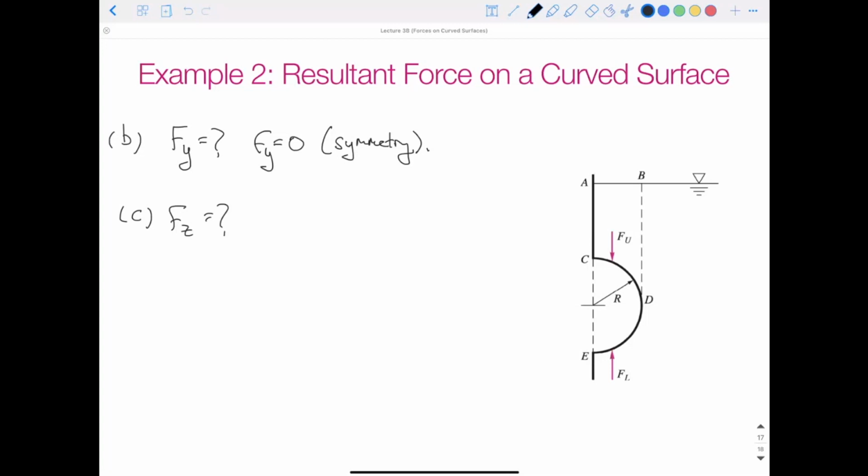So let's think of it this way. Hypothetically, if this hemisphere was filled with water, its weight would be borne by the surrounding water, taken care of by the surrounding water. So the vertical force of the surrounding water is equal to the weight of the hemisphere when it's filled.